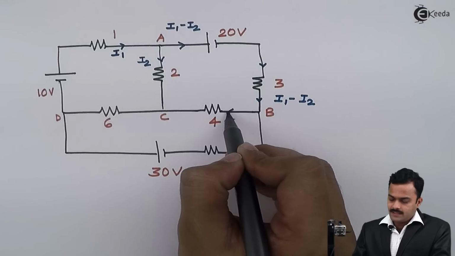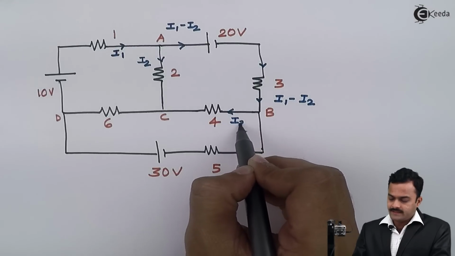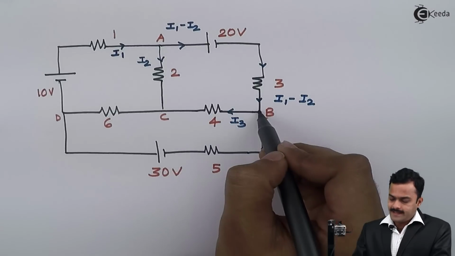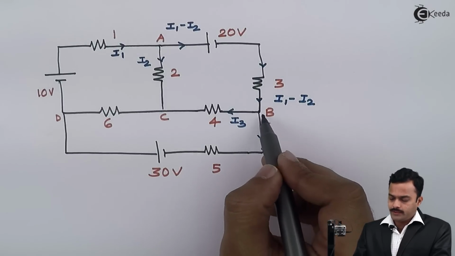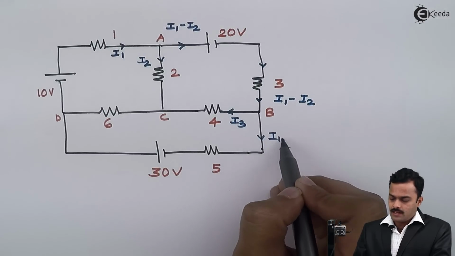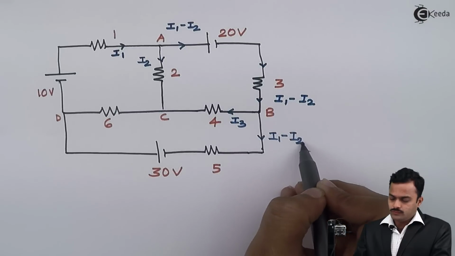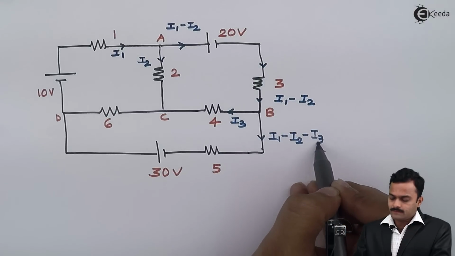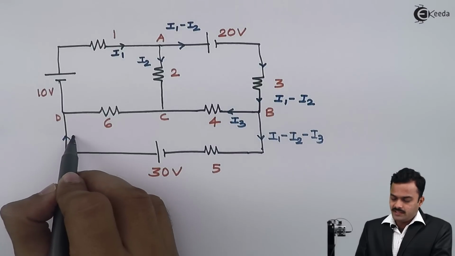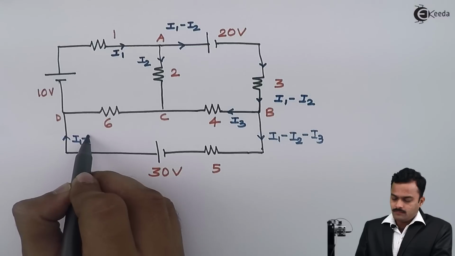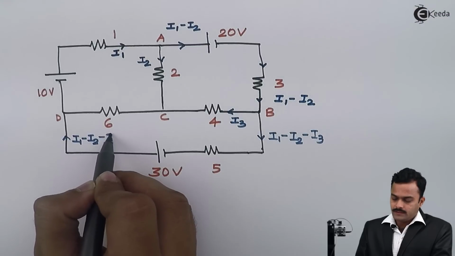Now I consider this current as I3 and KCL at point B will give me current flowing through this branch as I1 minus I2 minus I3. Same will be the current through this branch. So I will mention here it is I1 minus I2 minus I3.